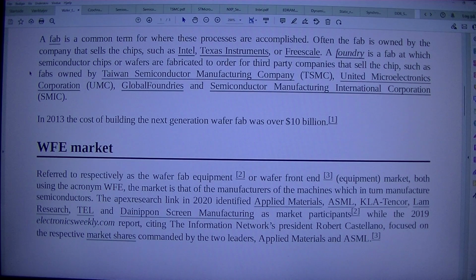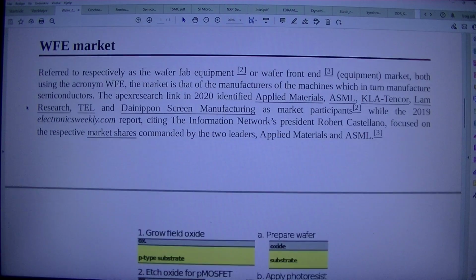WFE market. Referred to respectively as the wafer fab equipment, or wafer front end, equipment market. Both using the acronym WFE, the market is that of the manufacturers of the machines which in turn manufacture semiconductors.